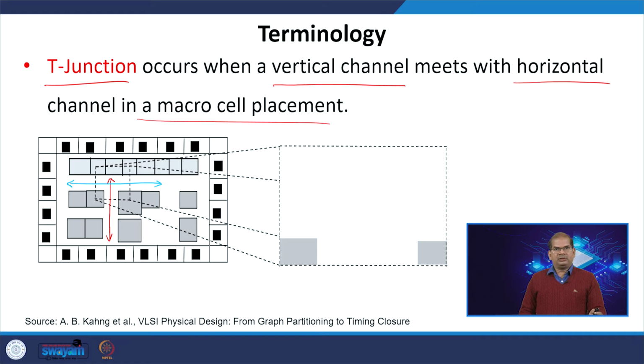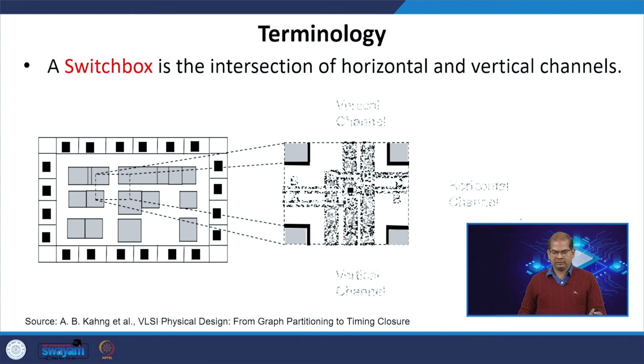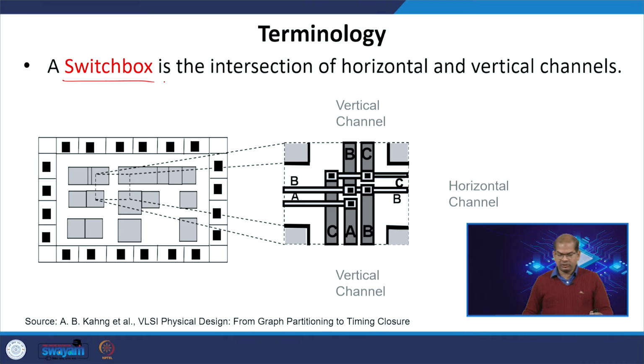We have defined the channel and the T junction, where a vertical channel and a horizontal channel meet at one point. Now, we have a concept called the switch box. A switch box is an area inside the VLSI chip where interconnects or metals can route in all directions.